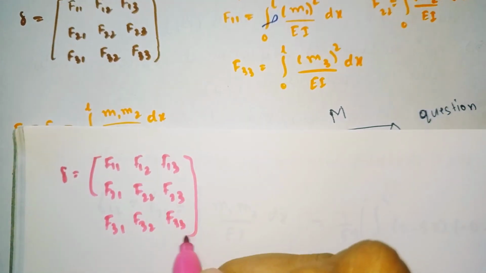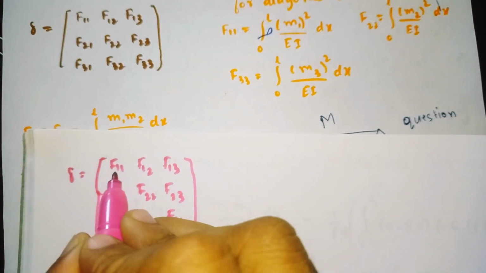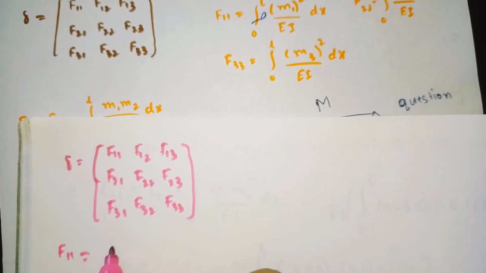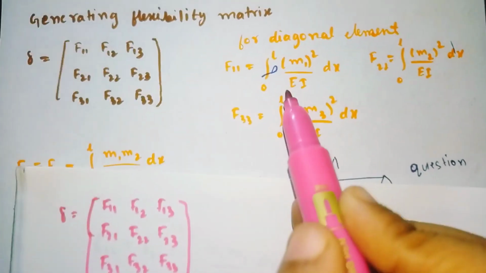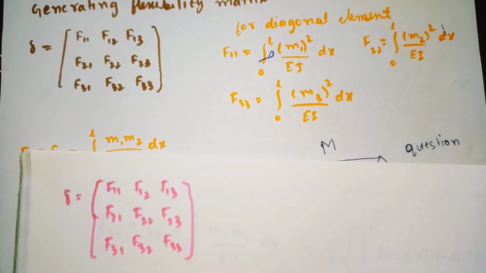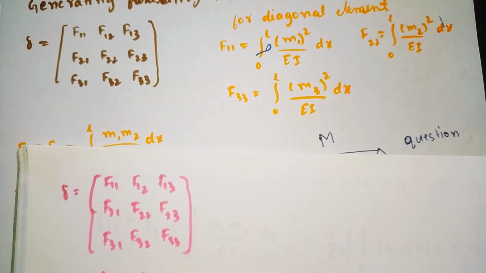Now we need to find F11, F12, and so on, by using the formula which I have shown while explaining the working procedure. For F11 we have this formula: integration of 0 to L of m1 square divided by EI into dx. By using that formula we will calculate F11.